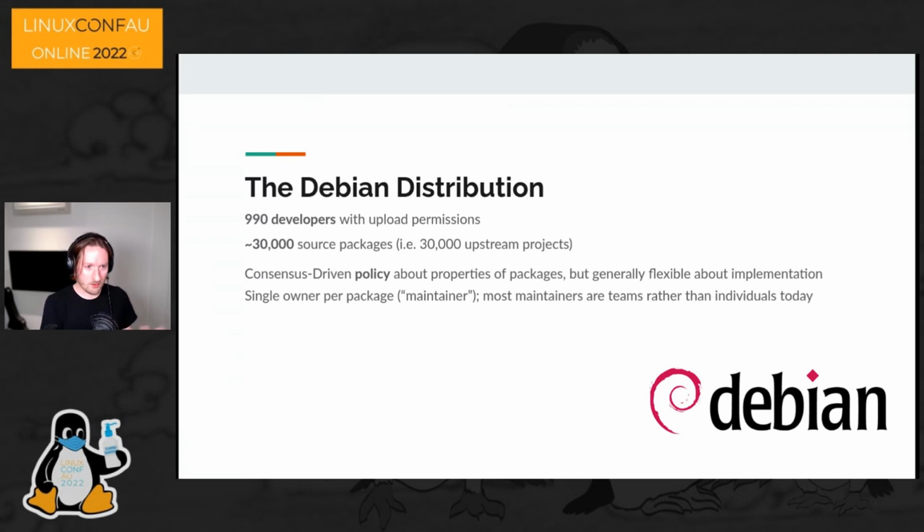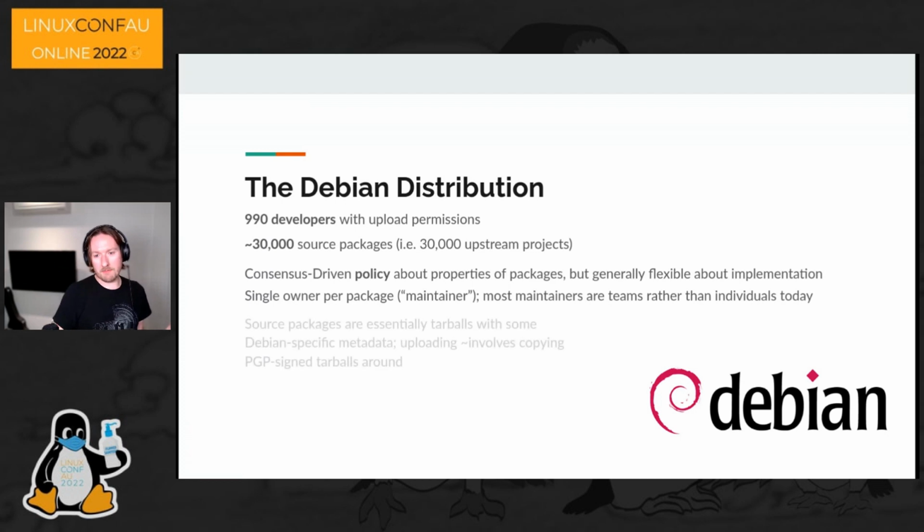That's different from some other distributions where the ownership model for each package is often a lot weaker and where it's more common for other contributors to step in. It's not hard and fast in Debian either, but traditionally it's been very much that there was a maintainer who took care of a package and nobody else would really touch it.